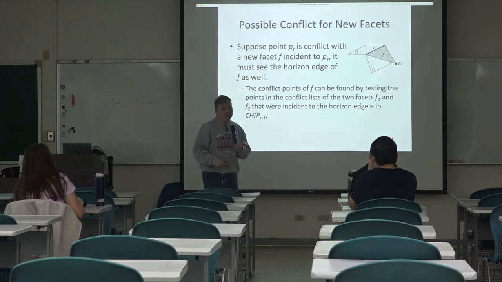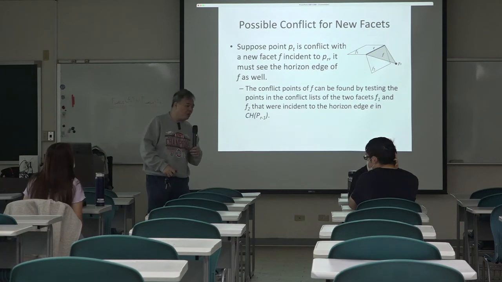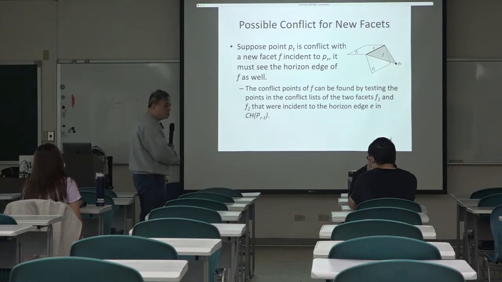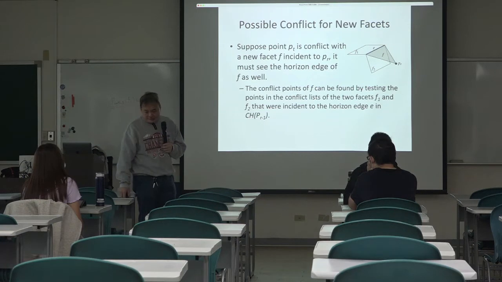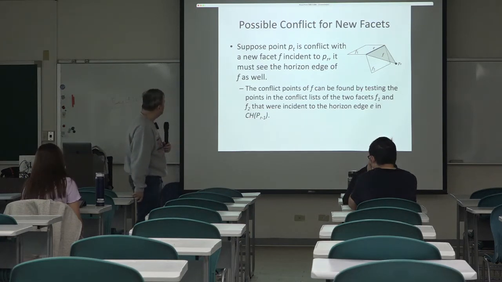Instead of checking the whole set of remaining points, you just check this subset of points, which turns out to be not that many.